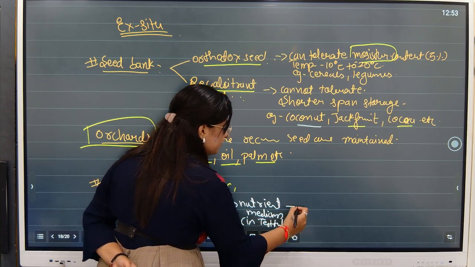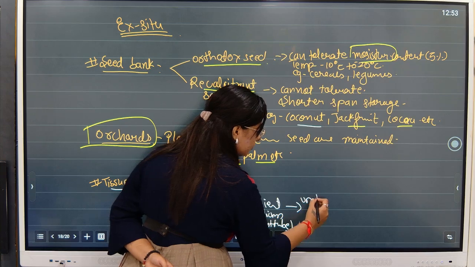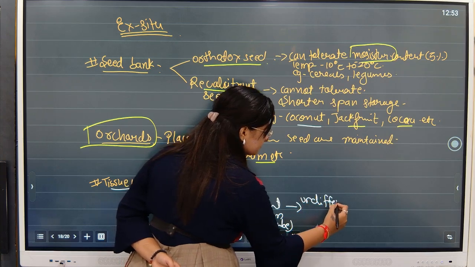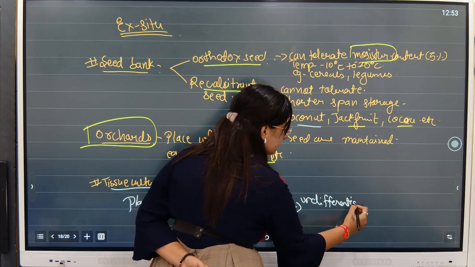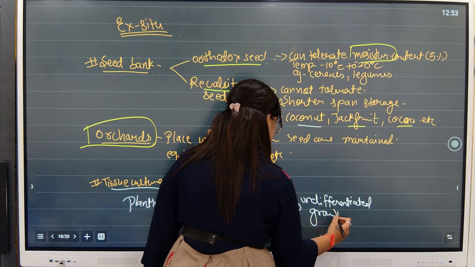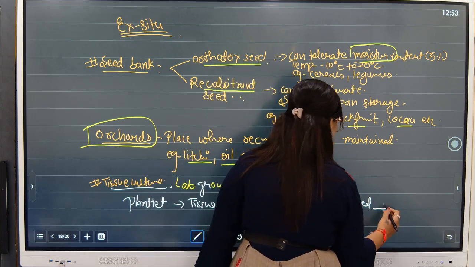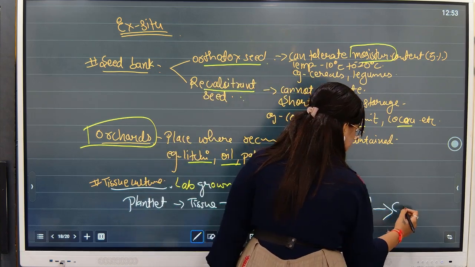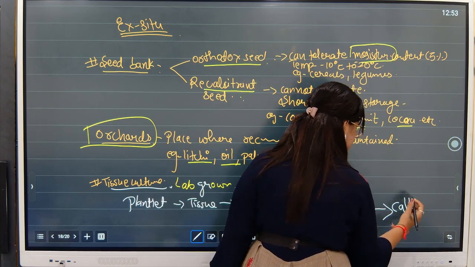Okay, then you will see an undifferentiated growth. Which is called callus.